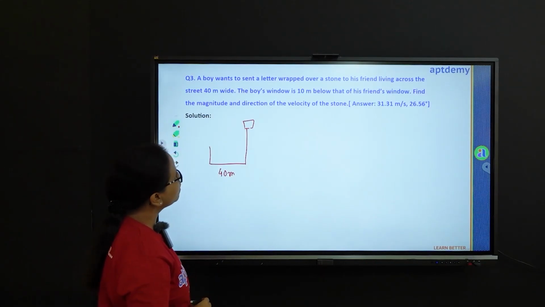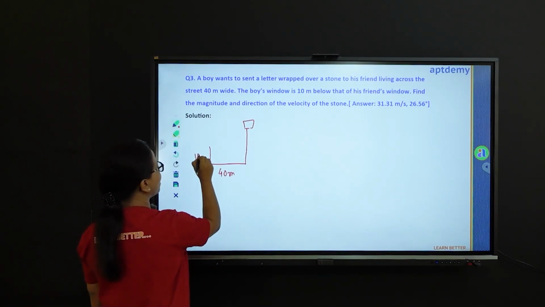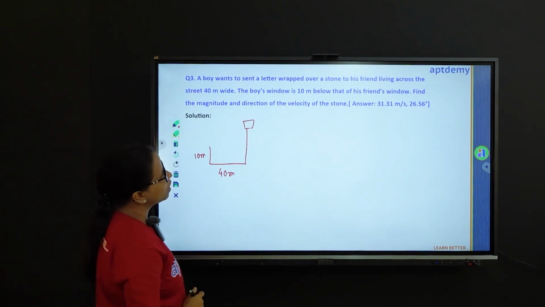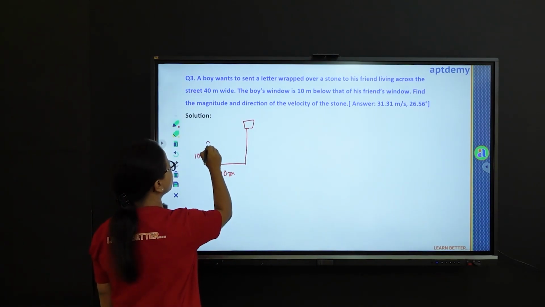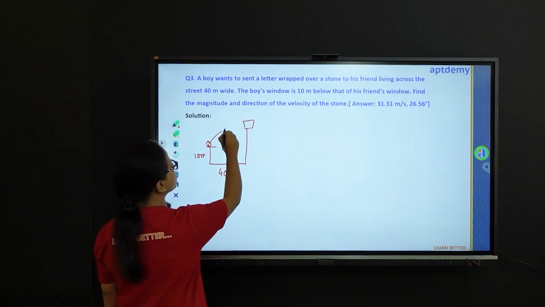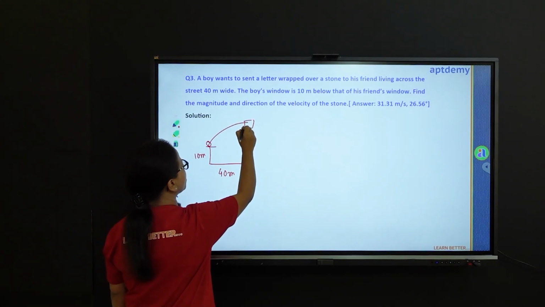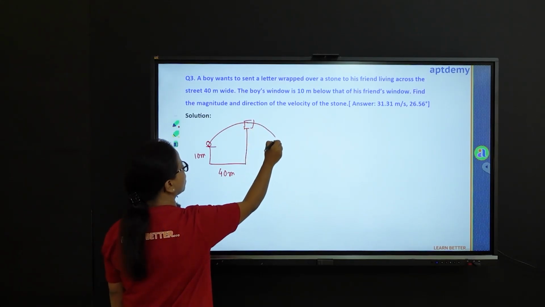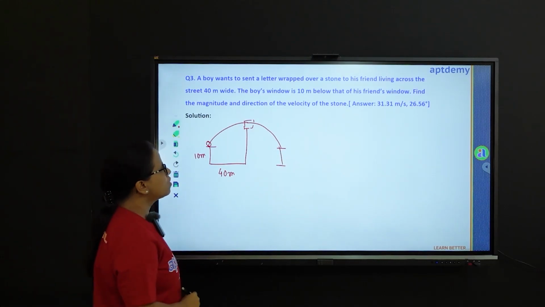His height is 10 meters below his friend's window. So this is 10 meters. Okay, so you see this, the width of the street, and he sends the stone here. The stone will come somewhere here, it will cover some more distance and finally it will come down and fall somewhere here. Okay, so this is the case.